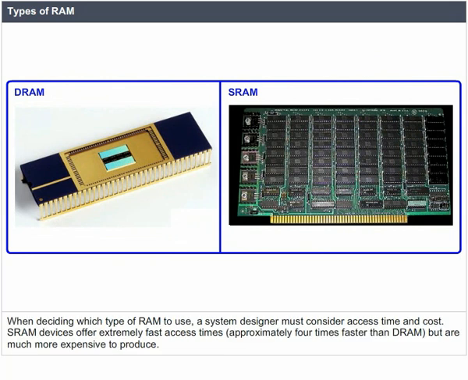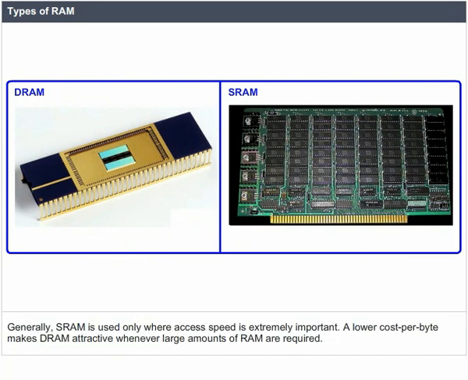When deciding which type of RAM to use, a system designer must consider access time and cost. SRAM devices offer extremely fast access times, approximately 4 times faster than DRAM, but are much more expensive to produce.